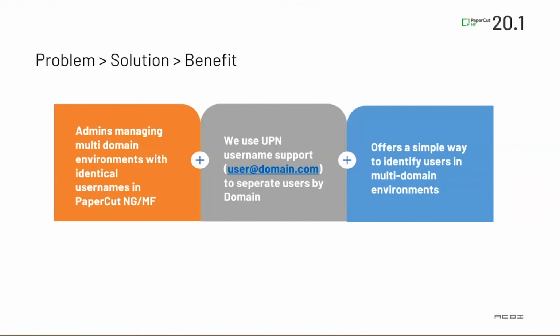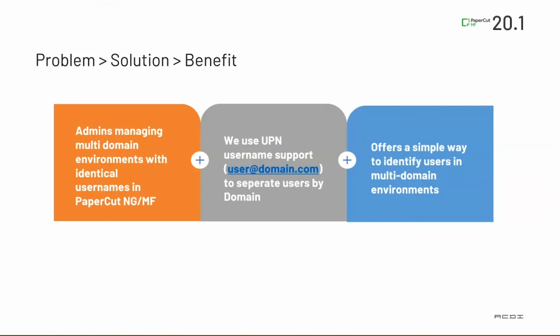Now, this is out of the percolator and available for anyone to use, because there was a problem in PaperCut when being set up in larger multi-domain sites where there was a potential for usernames to clash across domains. Admins had no easy way to solve this problem using PaperCut, so instead they'd need to change usernames through other means. So we've added UPN username support to PaperCut to separate users by domains.